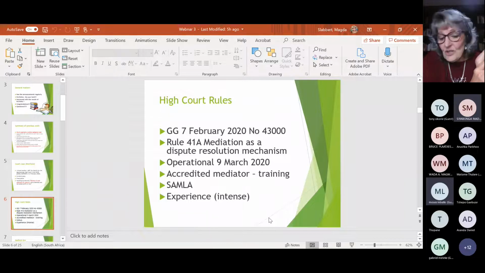I hope, I haven't checked, but it used to be on the SAMLA, South African Medical Legal Association's website. But I also know you can Google Conflict Dynamics. They fall under the auspices of the University of Stellenbosch, and they are accredited trainers of mediators. And you can also Google UCT, the University of Cape Town, as I know they also train mediators.